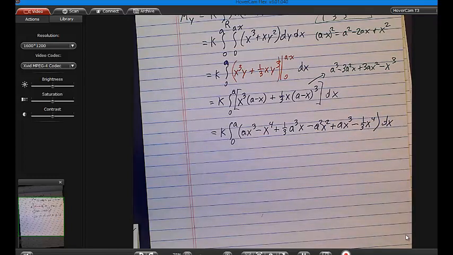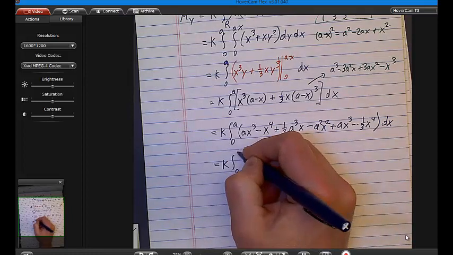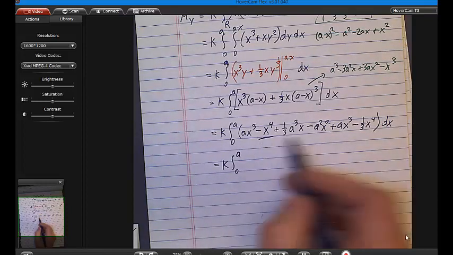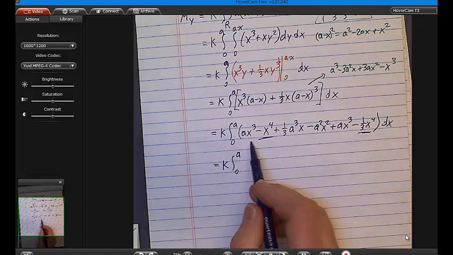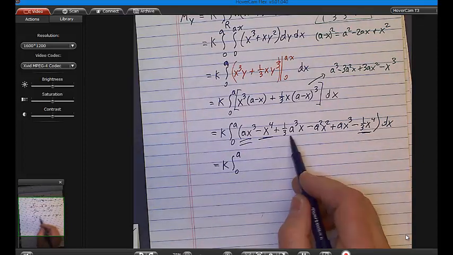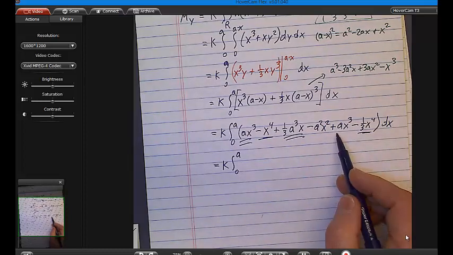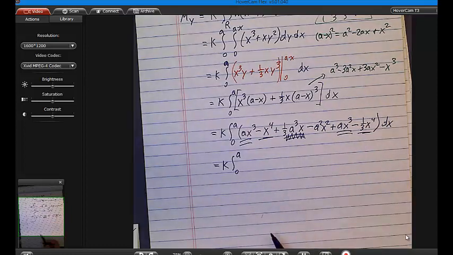Can that be simplified? Well, let's see. Yeah, there's some x to the 4ths here. There's some ax cubes here. And here. Oh, wait, no. Got confused. This one. That's an a cubed x. All right, so let's do this.